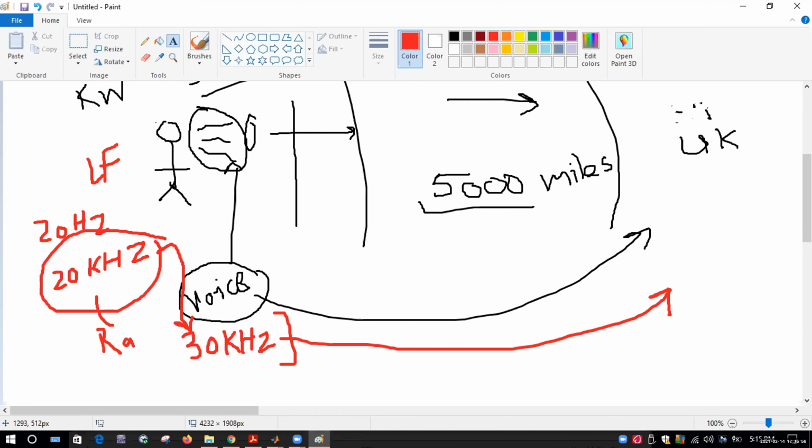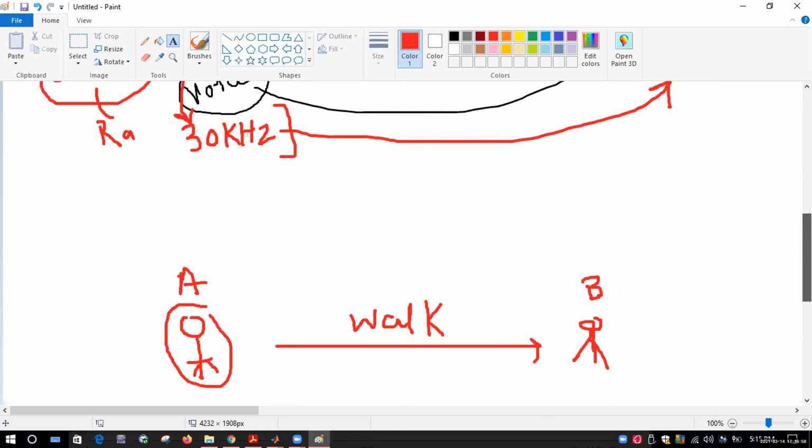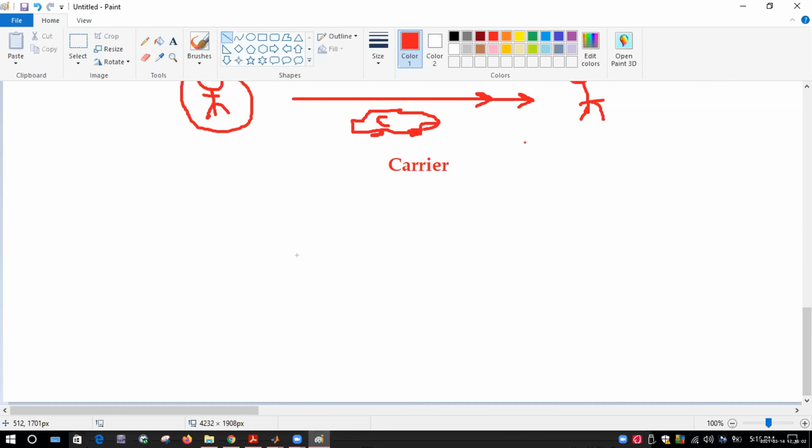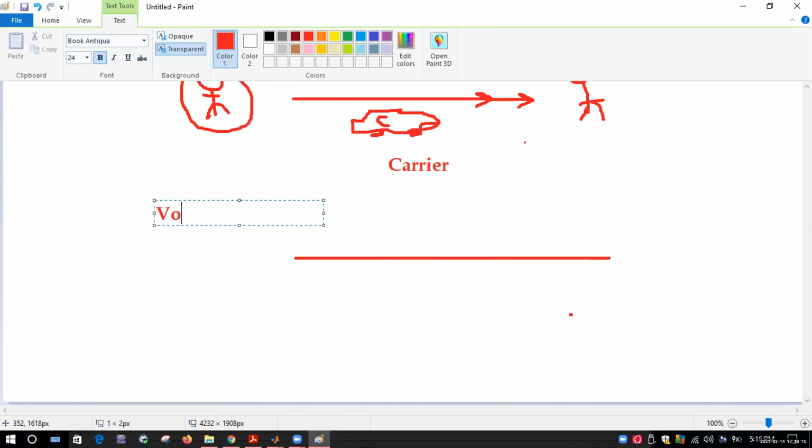So just to write it again, we take the voice message, the message signal, and then we add it to the carrier.